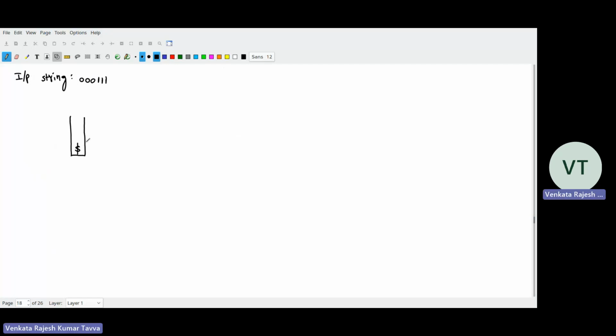Okay. Now I start with dollar and my read write head is on the first symbol, that is the first 0. What should I do? When I'm reading a 0, push it onto the stack. So the stack becomes $0.